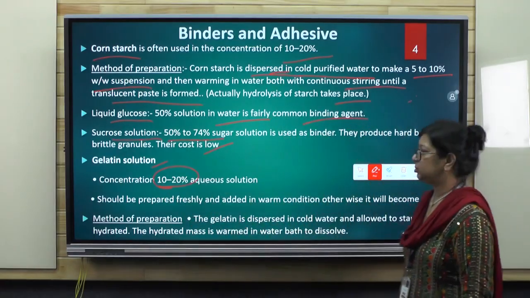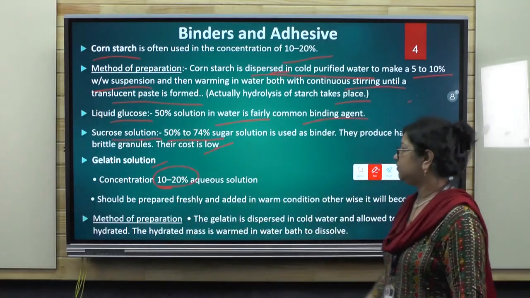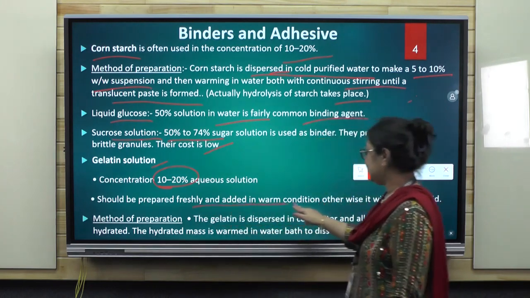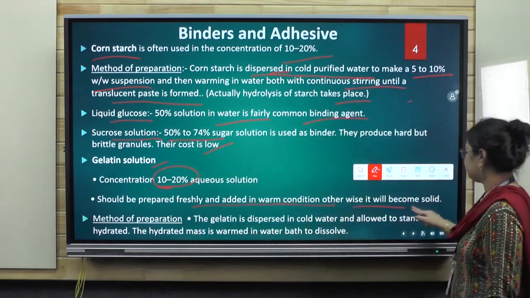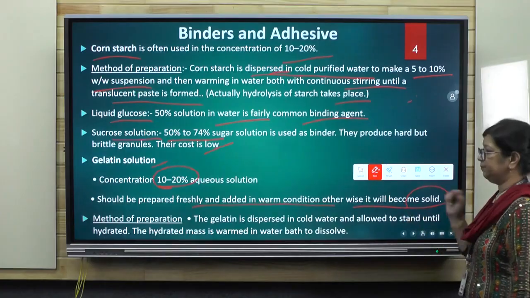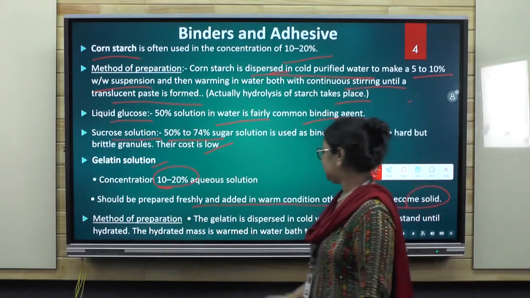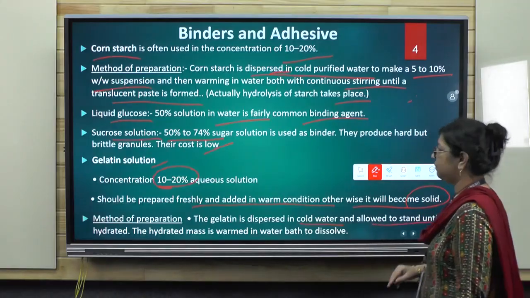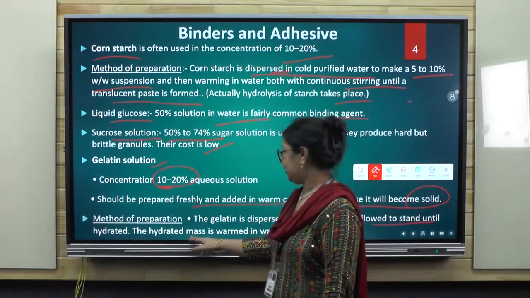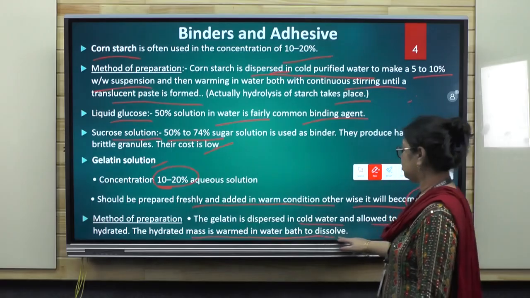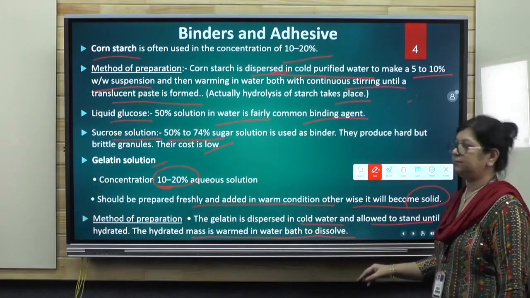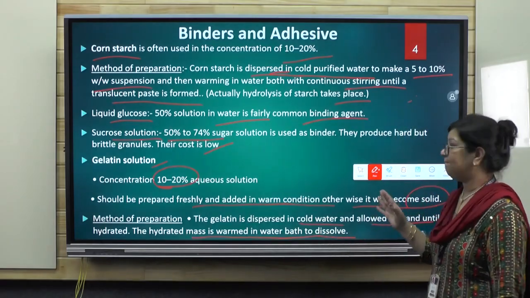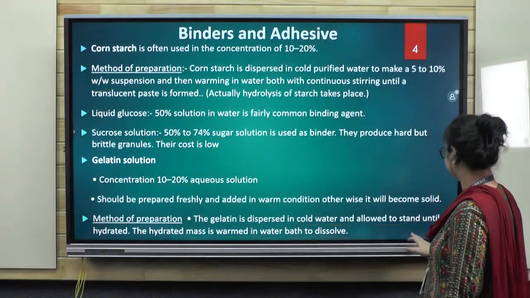It is an aqueous solution and should be prepared freshly and added in warm condition, otherwise it will become solid. Method of preparation: the gelatin is dispersed in cold water and allowed to stand until hydrated. The hydrated mass is warmed in a water bath to dissolve. So we have to take care of the temperature of the solution.